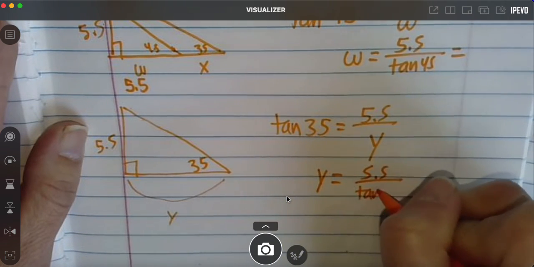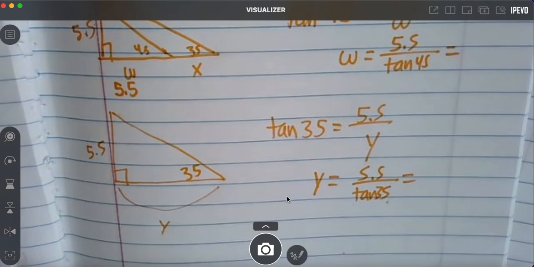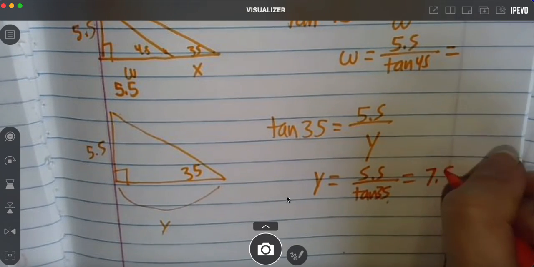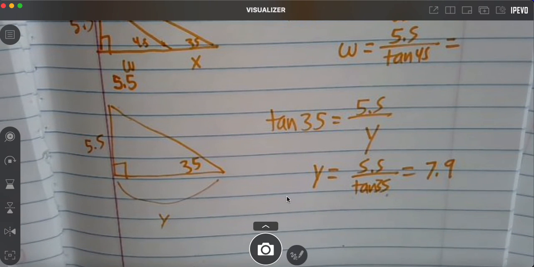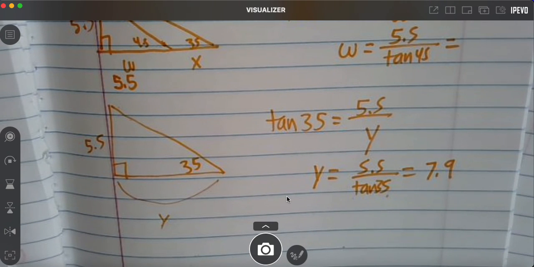5.5 divided by the tangent of 35. So this one's not going to be 5.5. What is that going to be? Did y'all get 7.9? That's 7.9.